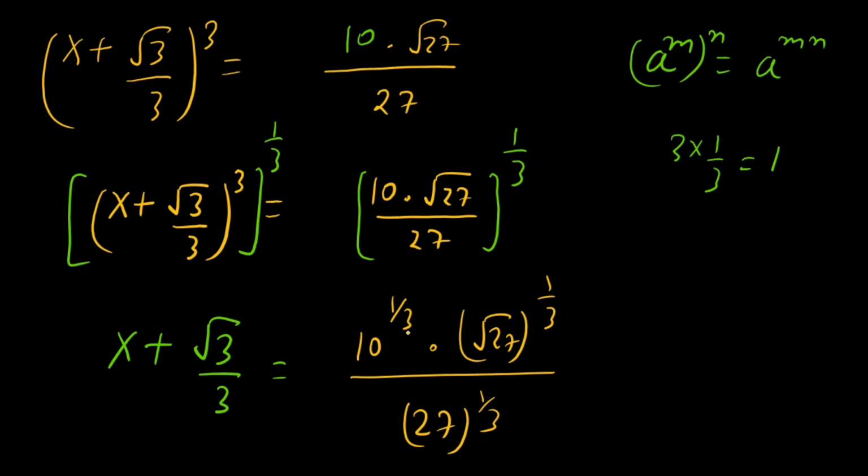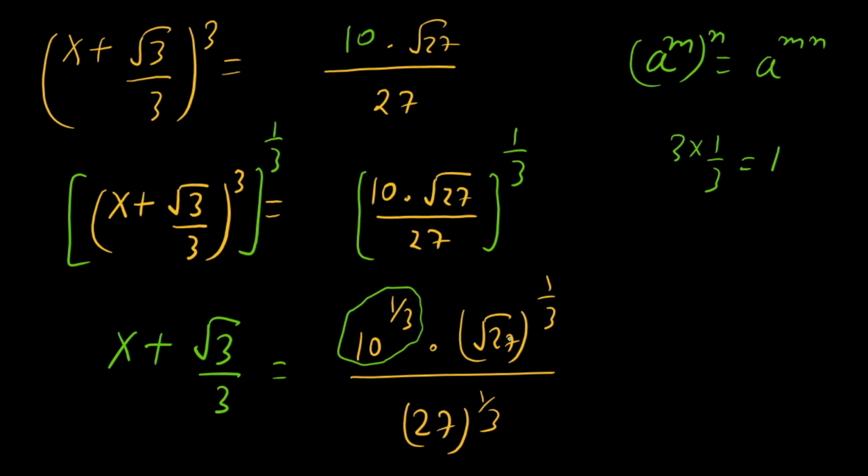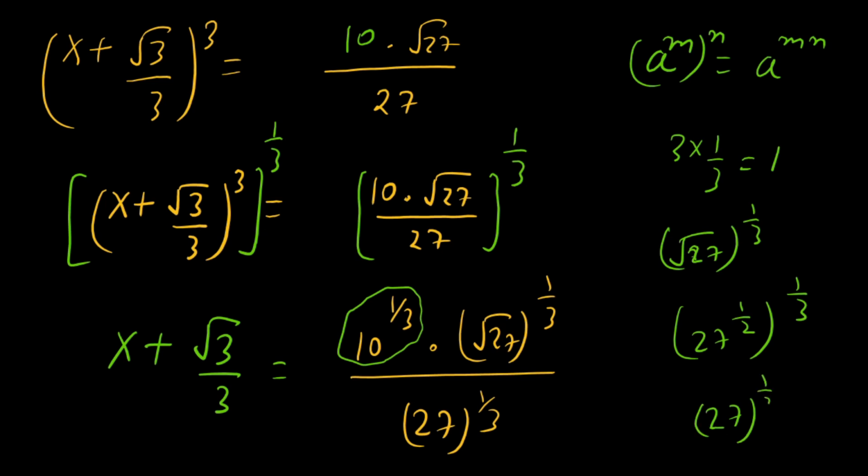Now on the left hand side x plus √3/3 is equal to, in the numerator 10^(1/3) is the cube root of 10, times, and (√27)^(1/3) is the same as (27^(1/2))^(1/3), and this is the same as (27^(1/3))^(1/2), and we know that 27^(1/3) is 3.